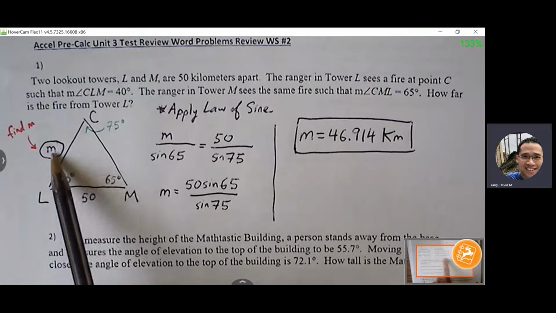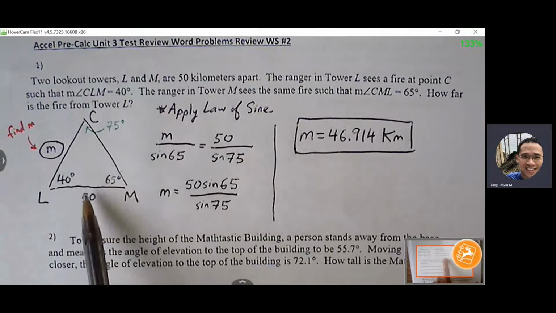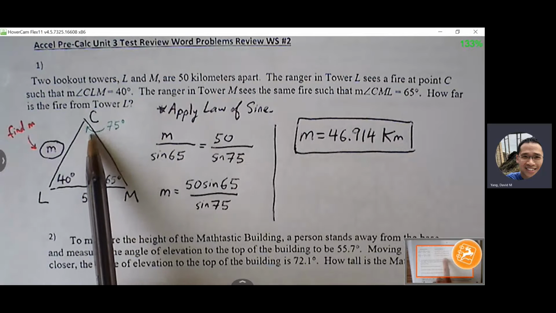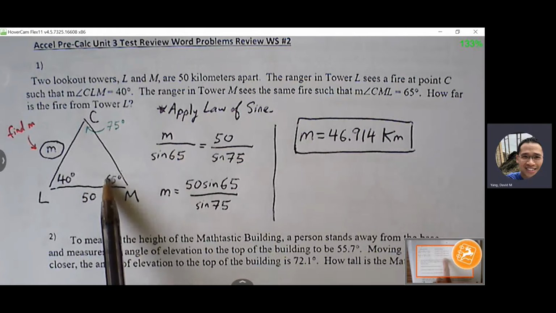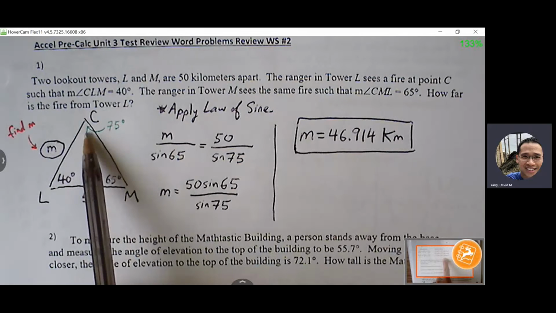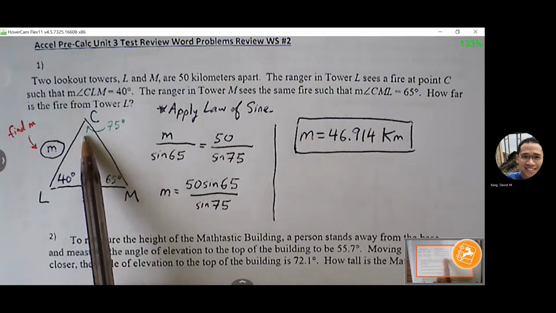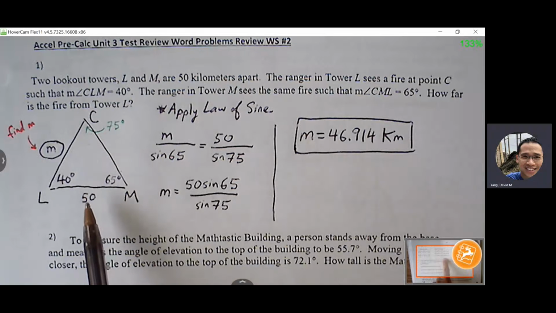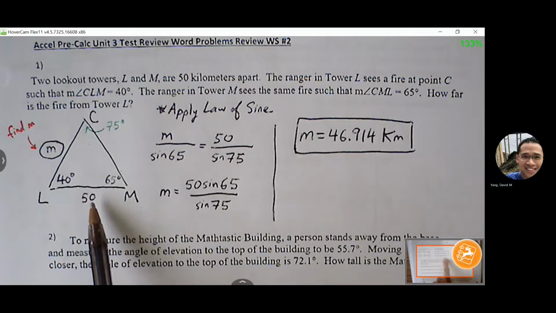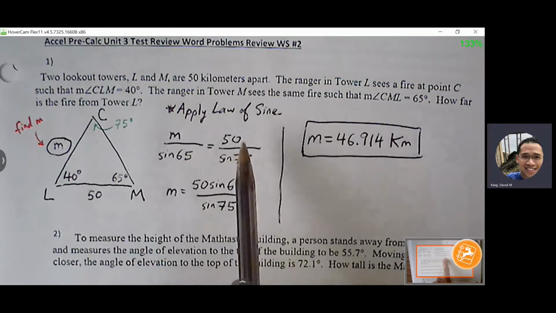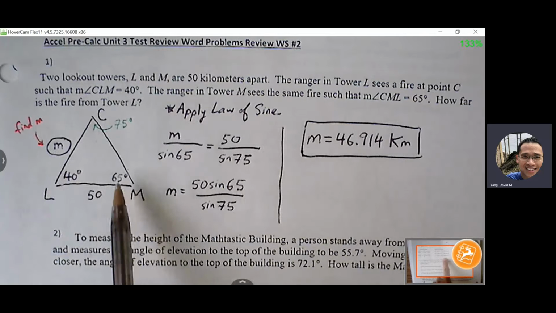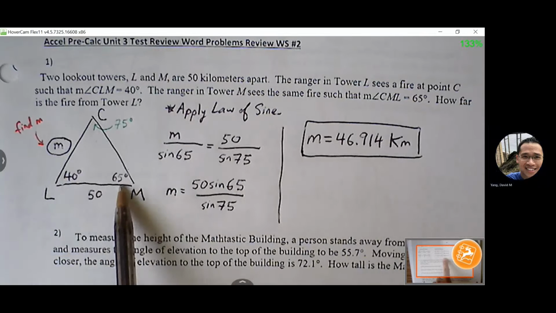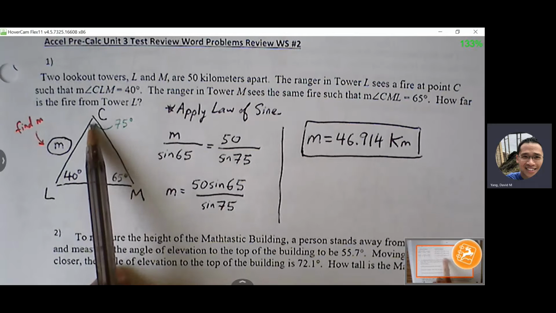So we know to find m, I'm going to set up using law of sines, but first things first, I need to find this opposite angle. So 40 and 65, subtract this from 180, I'll get 75. So now we can set up using law of sines, right? Sine m over sine of 65 is equal to 50 over sine of 75.